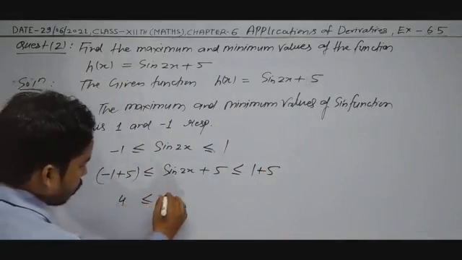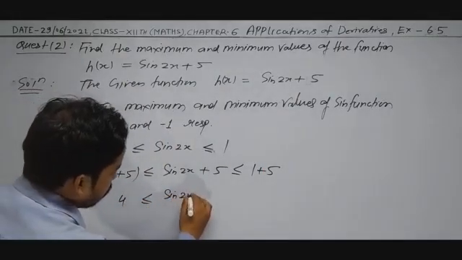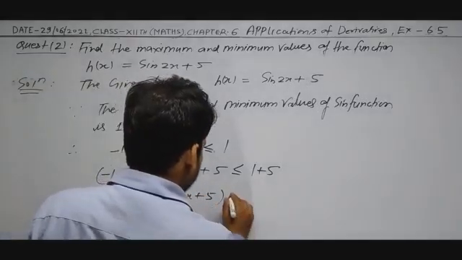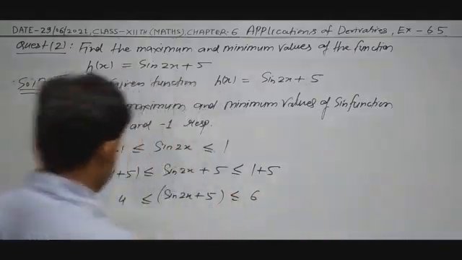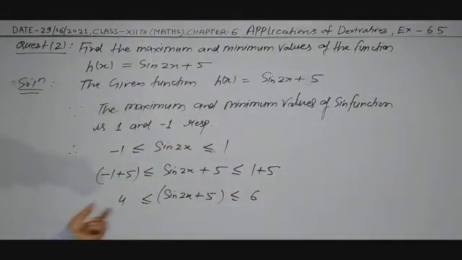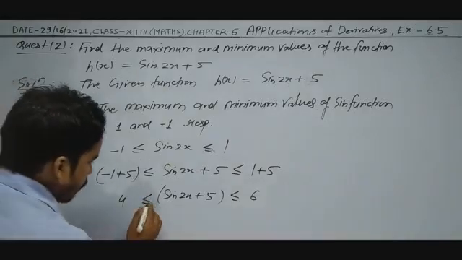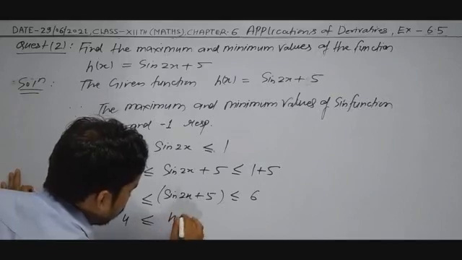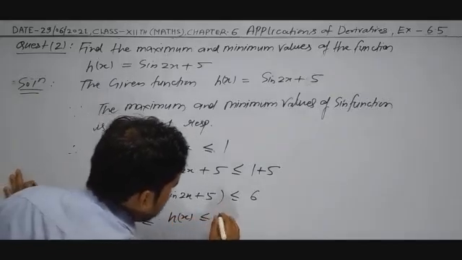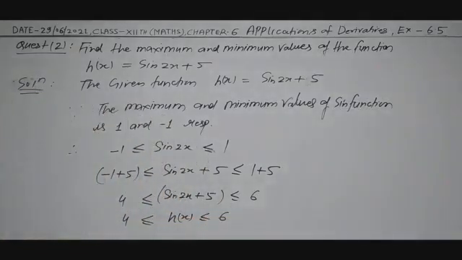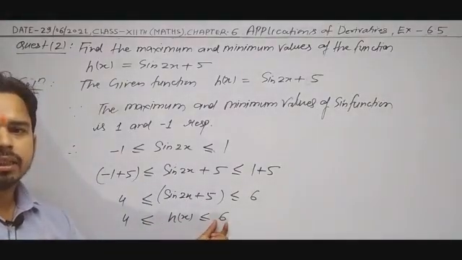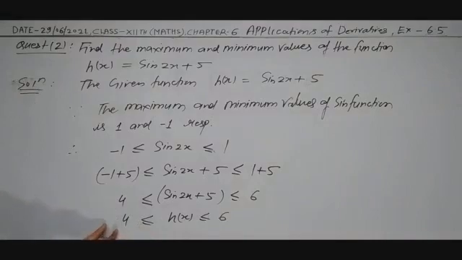This result is 4, and this result will be 6. So from this expression it is clear that 4 is less than or equal to h(x) is less than or equal to 6, means h(x) has a maximum value 6 and minimum value 4.